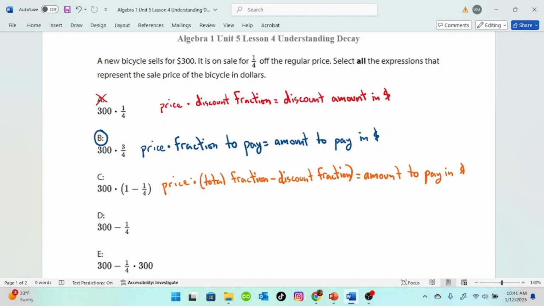And that's what we're looking for, the sale price, the price that we're going to pay after the discount has been taken.